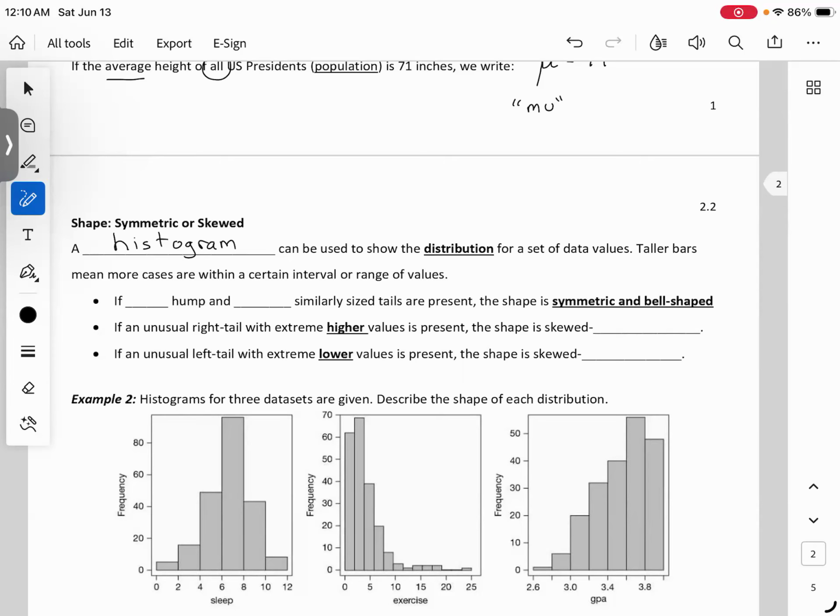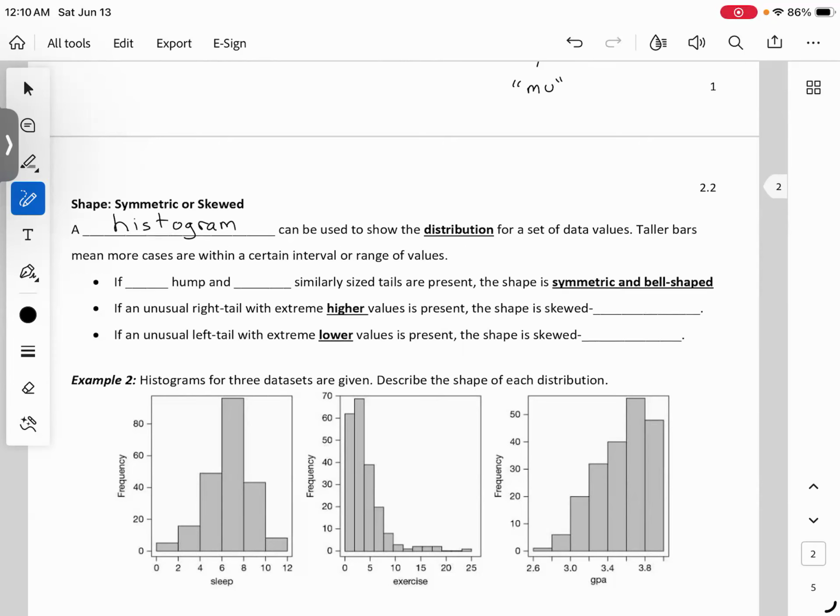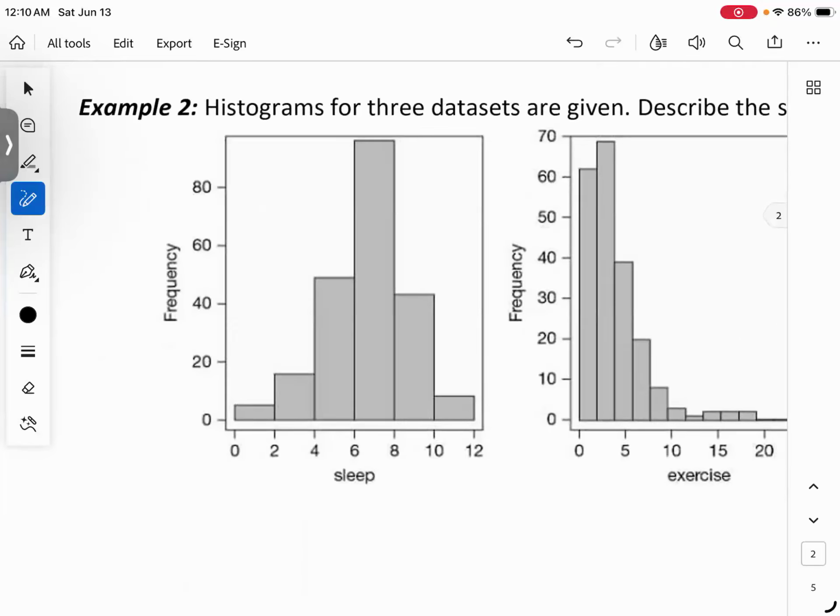The very first one, I'll go from left to right, is about the amount of sleep that students are getting. This really tall stack in the middle shows you that students were getting about 6 to 8 hours of sleep. You can see it right here at the bottom. That's pretty good.